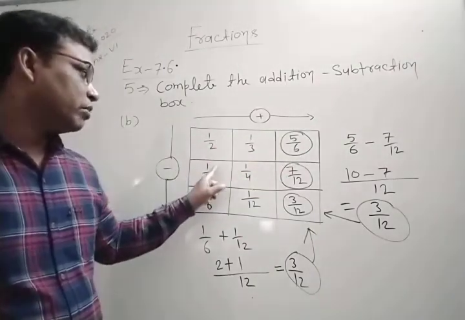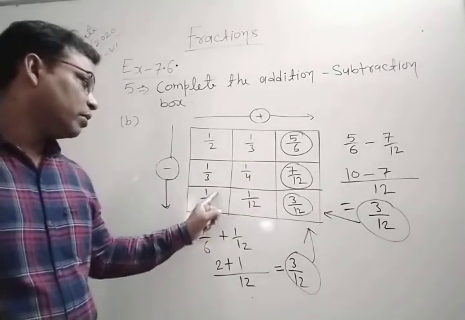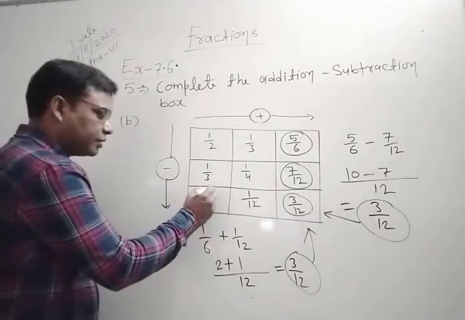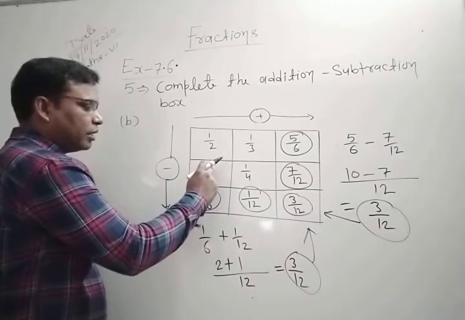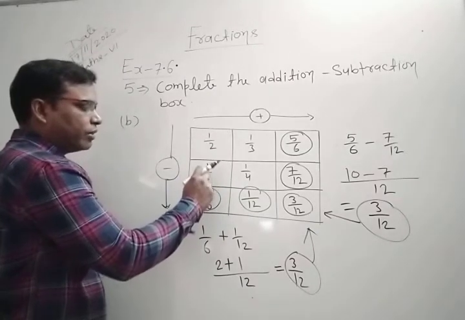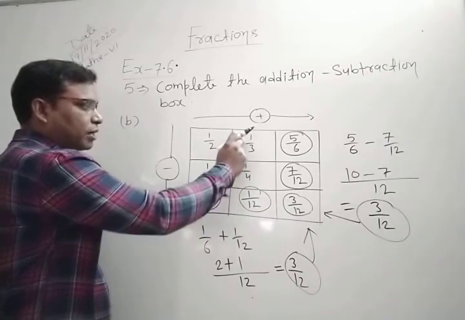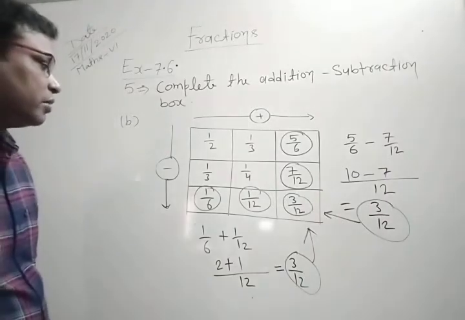For this we add 1/3 and 1/4, and for this we add 1/6 and 1/12. For these we subtract 1/2 and 1/3 from 1, minus 1/2, and for these gaps we subtract 1/4 from 1 minus 1/3. I hope all of you understood these questions.